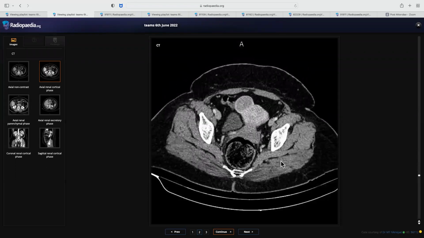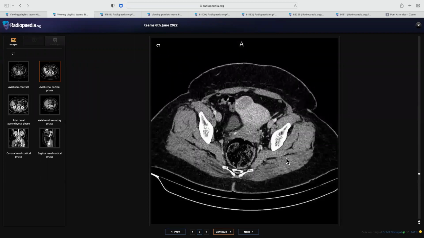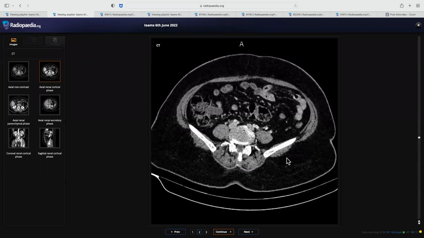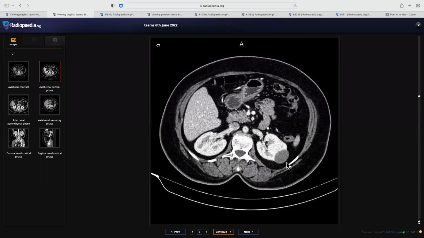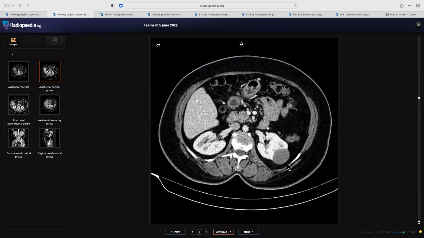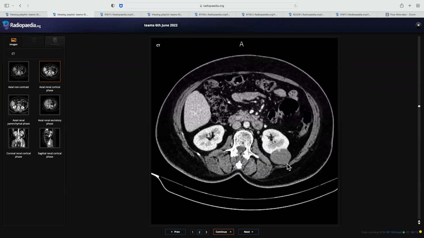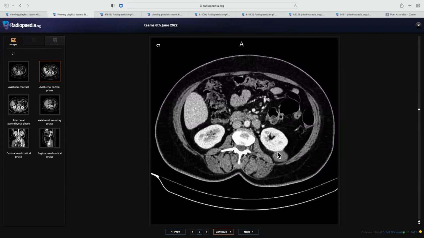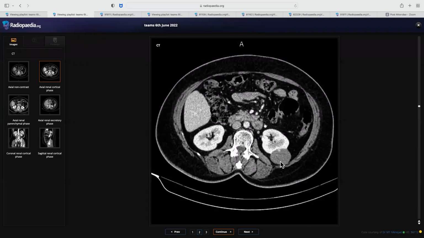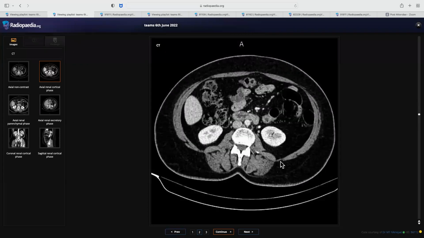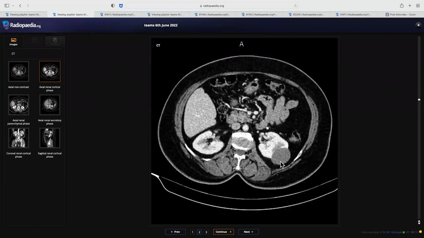There is a right adnexal lesion also, a cystic lesion. There is a small enhancing soft tissue nodule within the cystic lesion. Otherwise, I can't see any enhancement.